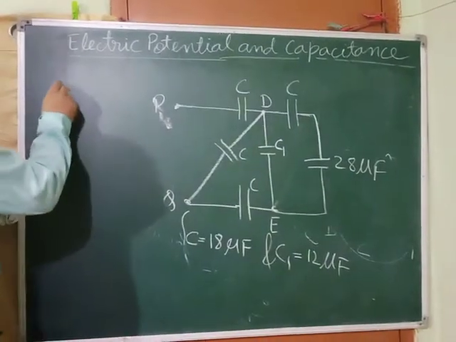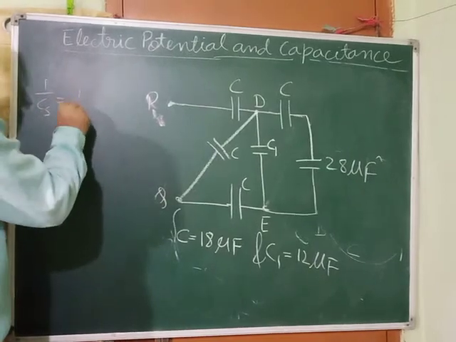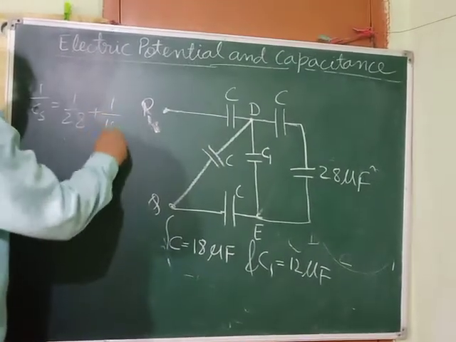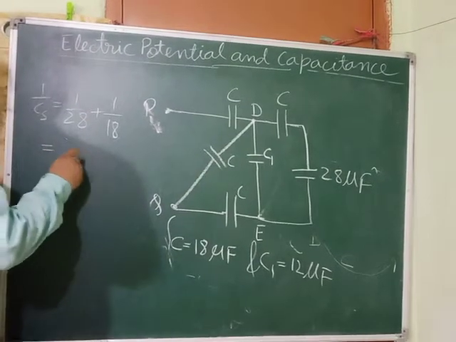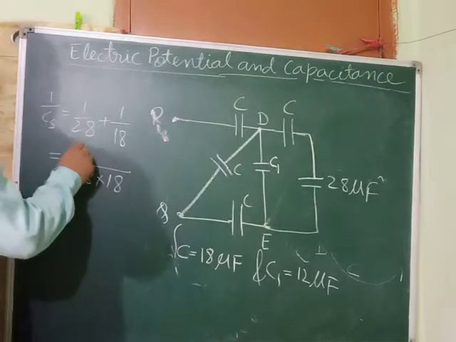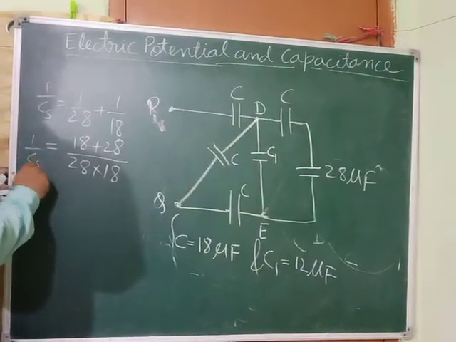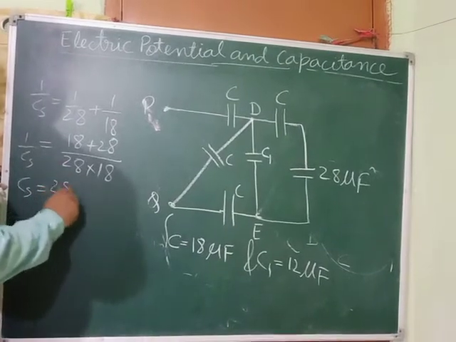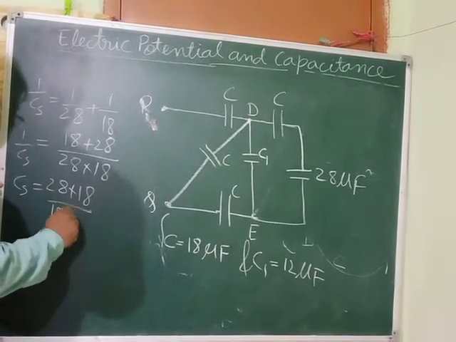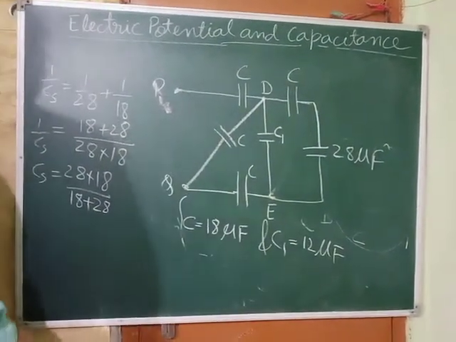This is series, so 1 by CS is 1 by 28 plus 1 by 18, C is 18. Again we can find it like that: 28 into 18, here we can write 18 plus 28. This is 1 by CS. So CS is 28 into 18 by 18 plus 28.